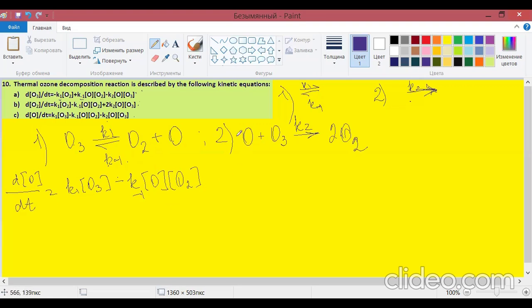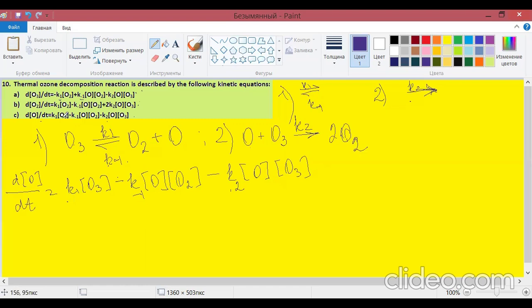And now we pay attention to the second stage, where O is consumed to produce molecular oxygen. That's minus K sub 2 times the concentration of O times the concentration of ozone O3. Now let's compare this with this one.